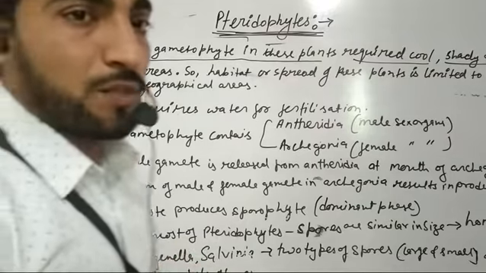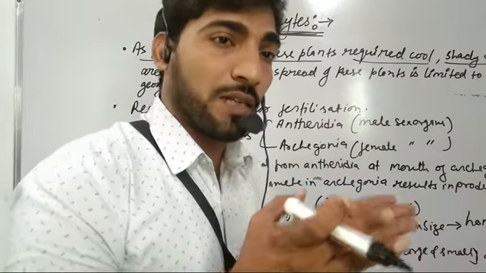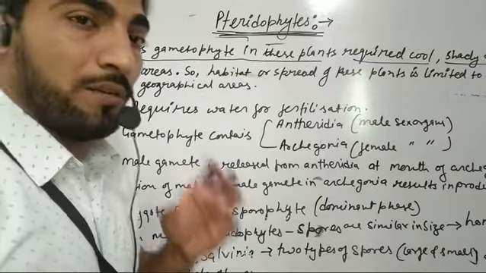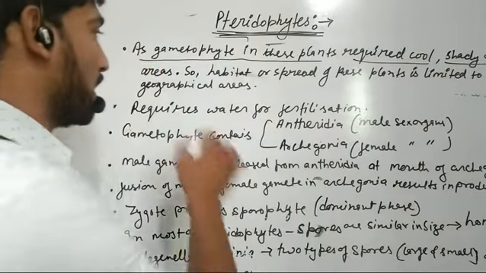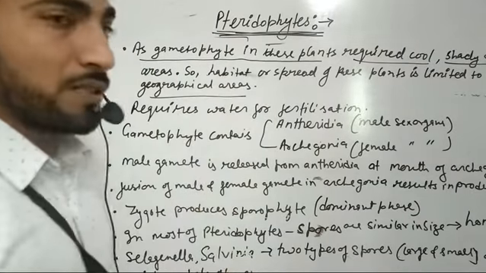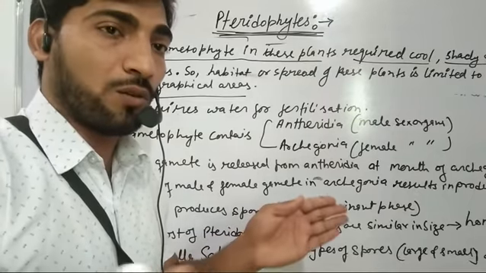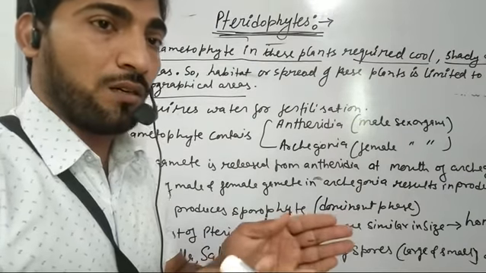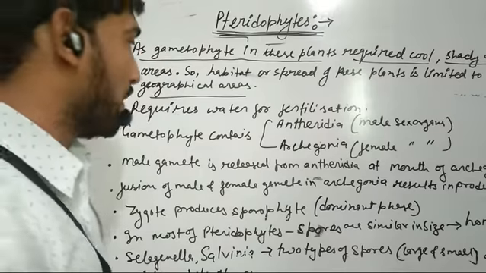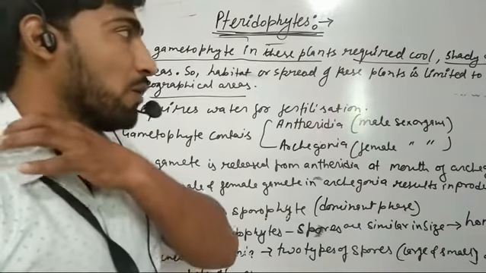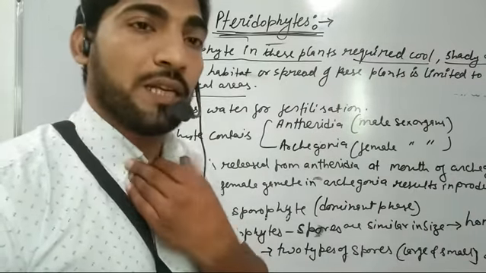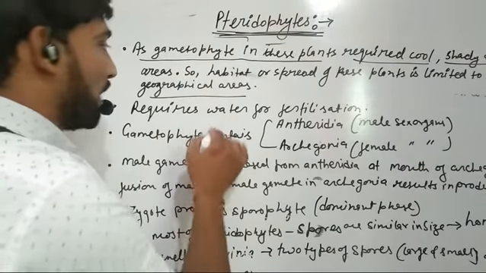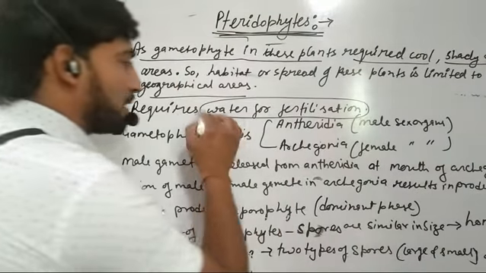So the habitat of these plants is restricted to a limited or narrow geographical area. Further, these plants are found in cool, sandy and damp areas because they require water for their fertilization process.